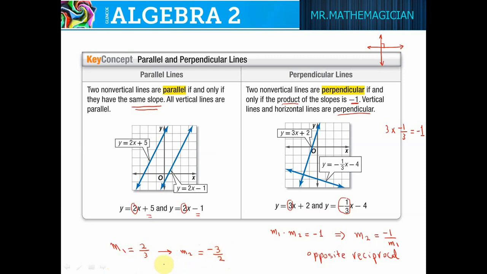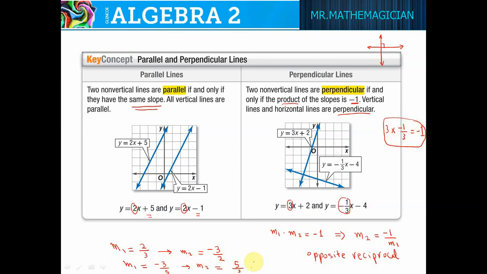If you have m1 as, for example, let's say negative 3 over 5, so m2 will be the opposite reciprocal, means if it's negative make it positive and flip, so it will be 5 over 3, and no need to do any kind of multiplication.